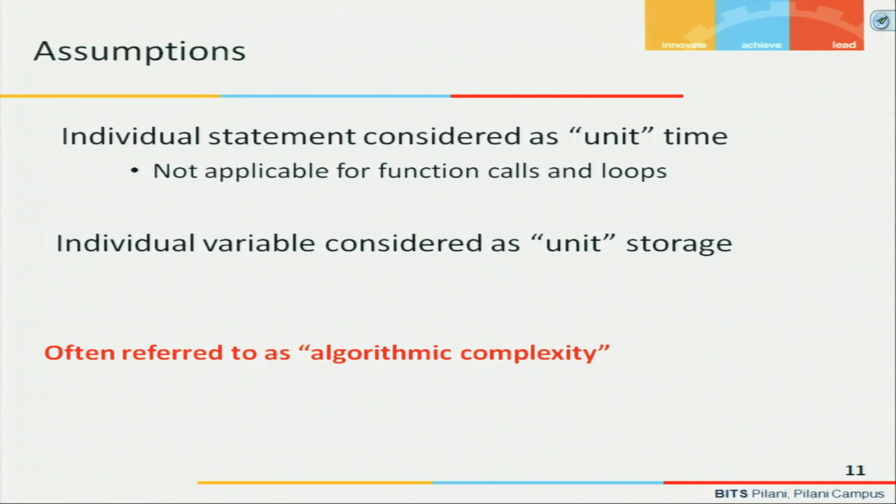Before we try to define or look at the analytical model that we want to evolve, we look at some basic assumptions that we are going to make in this course. So, the individual statements that we are going to have are going to be considered as unit time, which is not going to be applicable for function calls and loops.